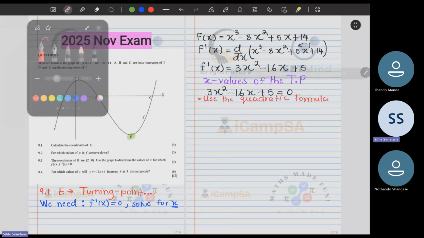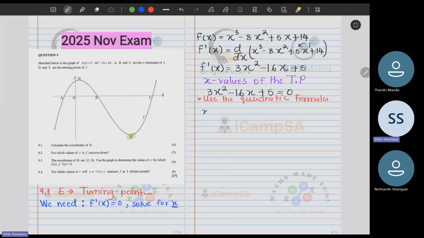So your quadratic formula will be x equals negative b, which is negative 16, plus or minus the square root of, you observe carefully, negative 16 all squared, minus 4 times a, that's 3, times c, that is 5, and all of this is divided by 2 times a, which is 3.